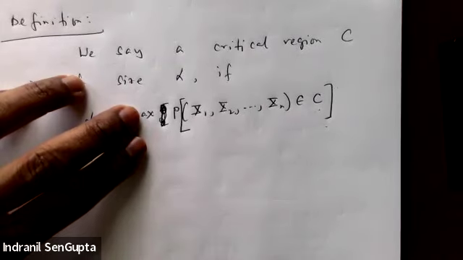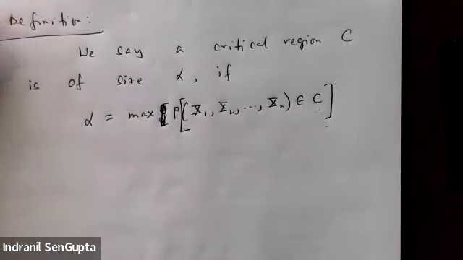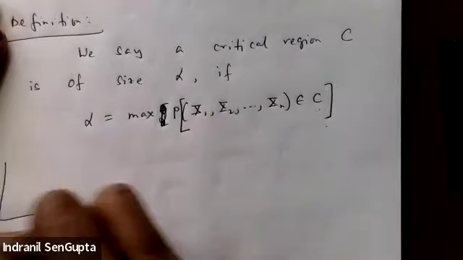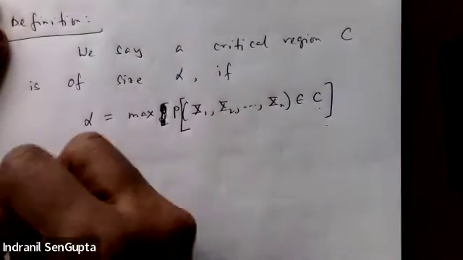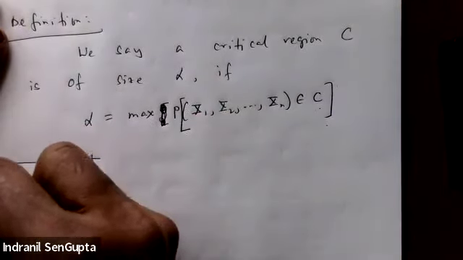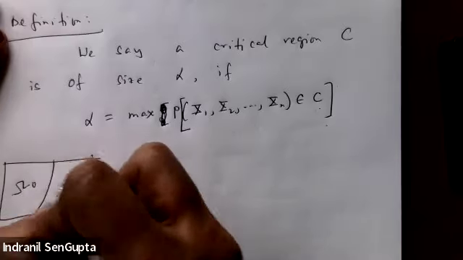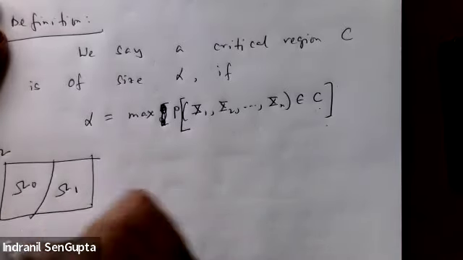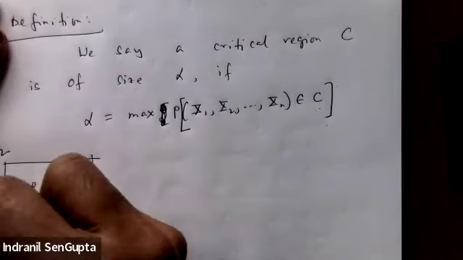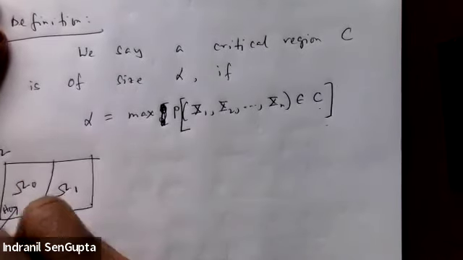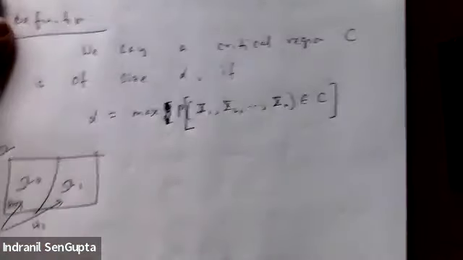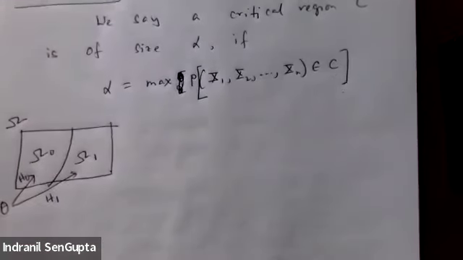But theta is usually unknown. Remember, that is why we need this whole set of null hypothesis and alternate hypothesis. If theta goes here, that is our null hypothesis, and if theta goes here, that is our alternate hypothesis. The value of theta is not known.